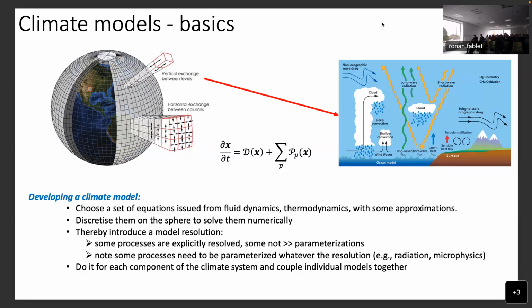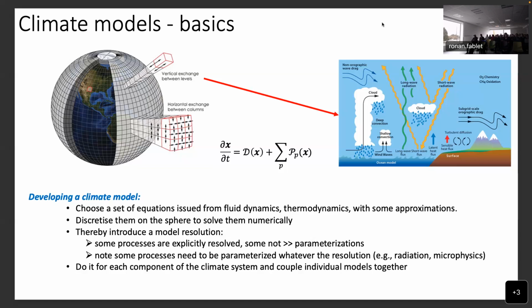There is a choice here to do with some processes that will be explicitly resolved by what we call the dynamical core of the model, and some processes that won't be resolved, like the small movements within the atmosphere, like convection and so on, which need to be parameterized because they have a lot of impact on the larger scale.